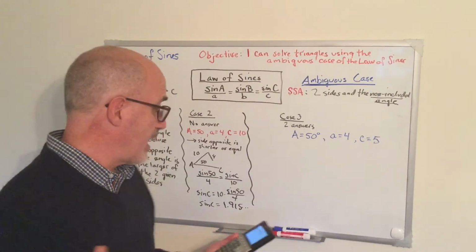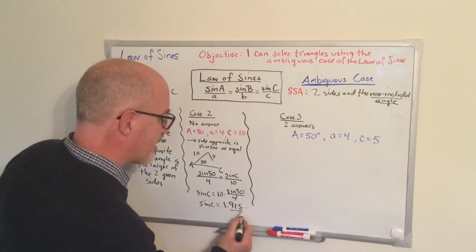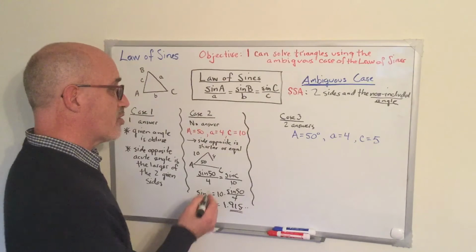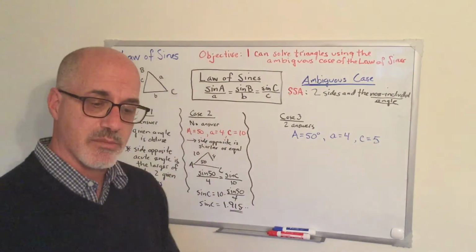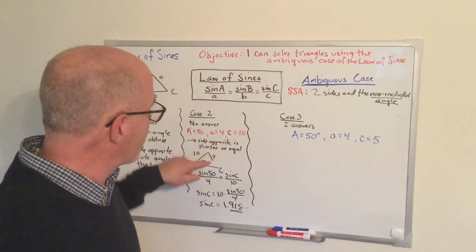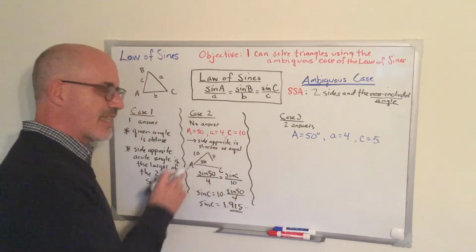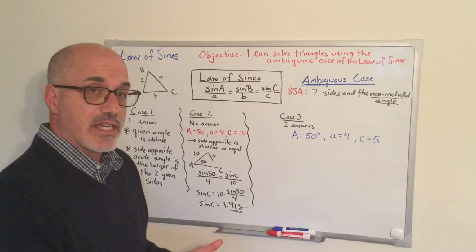You can't do that. So this type of answer means that there's no answer to this problem. The result is because this side here is too short to actually swing and hit the other side here. It never gets there.